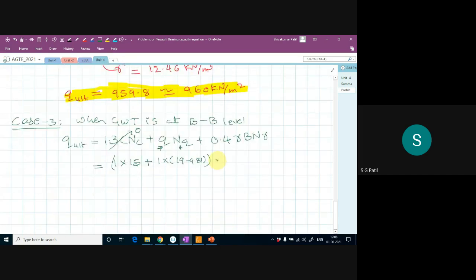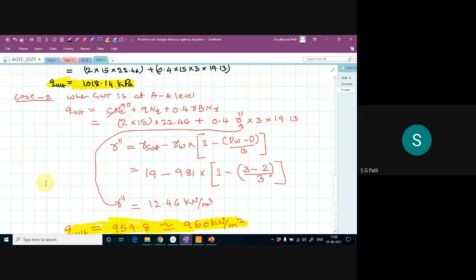So 22.46 plus 0.4 into this term. Anyway, it is a submerged case only, so I have to take the submerged unit weight, 19 minus 9.81, into your width of foundation. Width is how much? 3 meter.